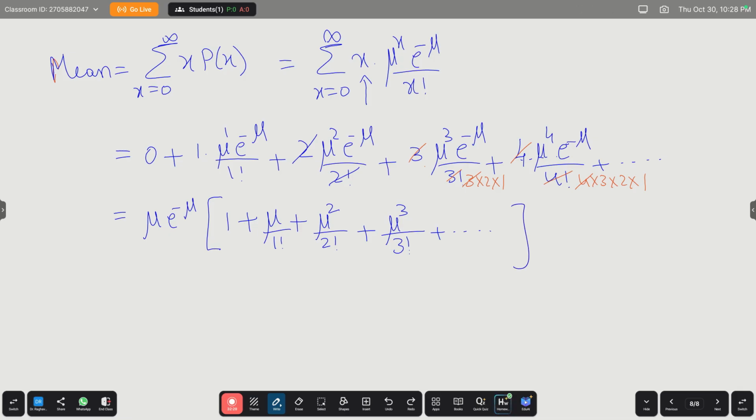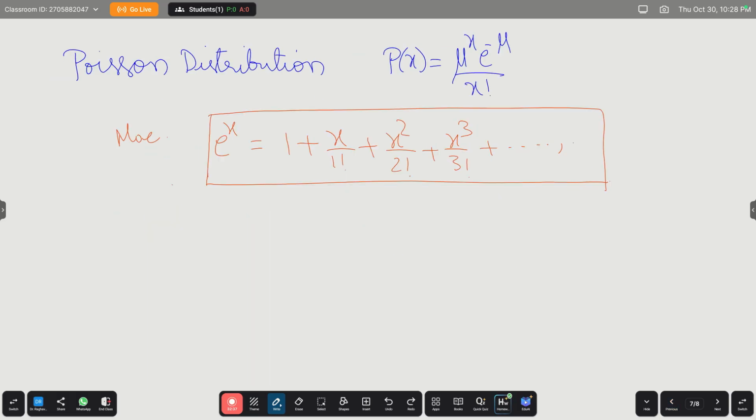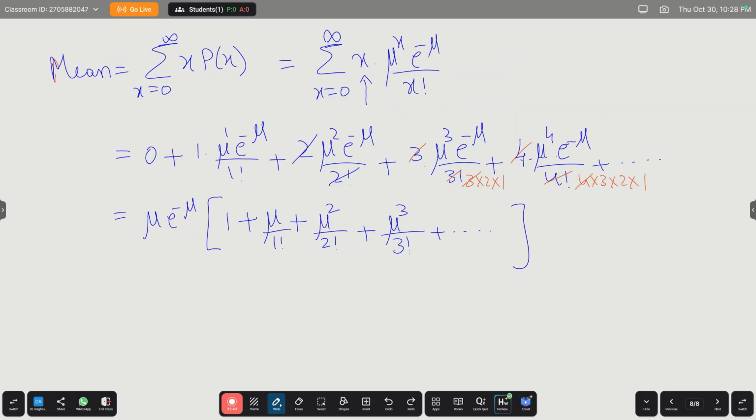Now what is left inside this bracket is the Maclaurin series expansion of e power mu. The e power x expansion is this, and in place of x we have mu. That's the only difference. So this will be mu e power minus mu and e power mu. e power mu and e power minus mu will get cancelled, and that proves that mean is equal to mu.